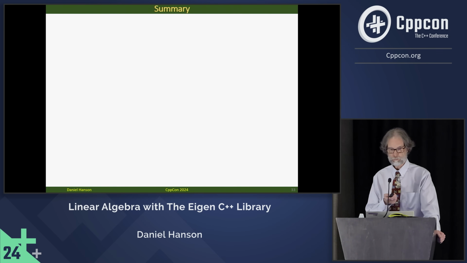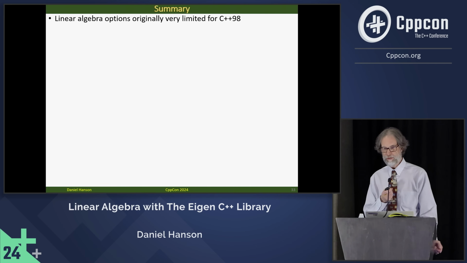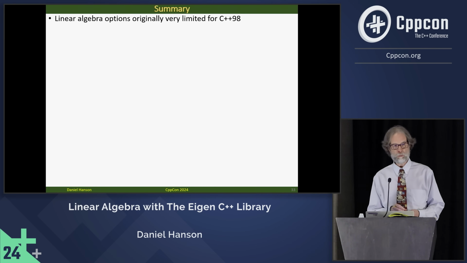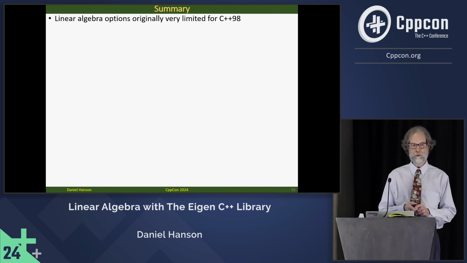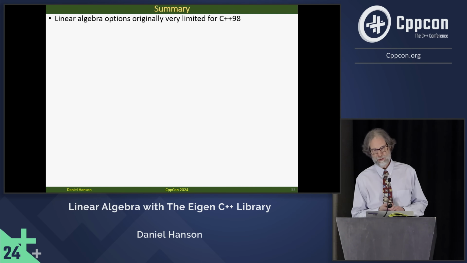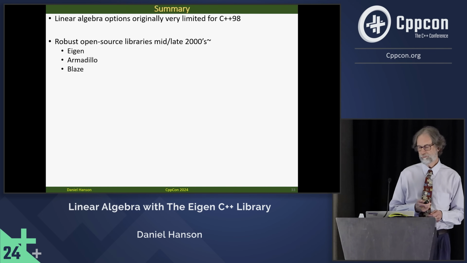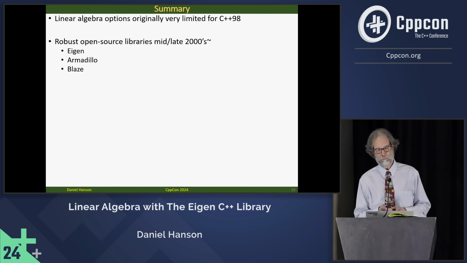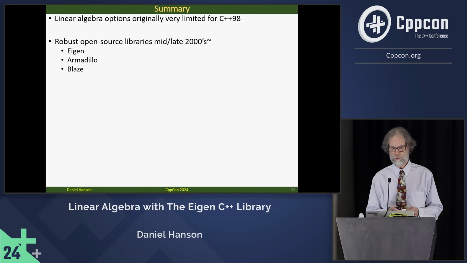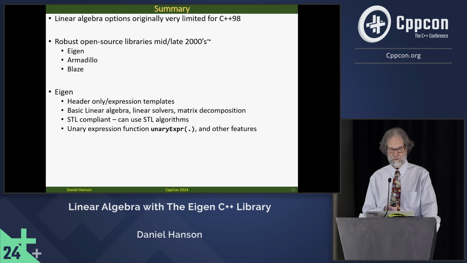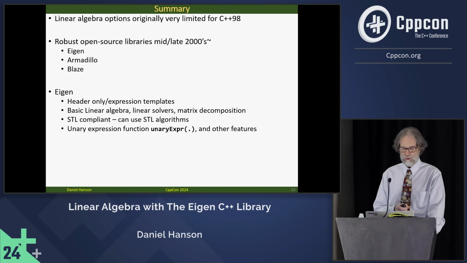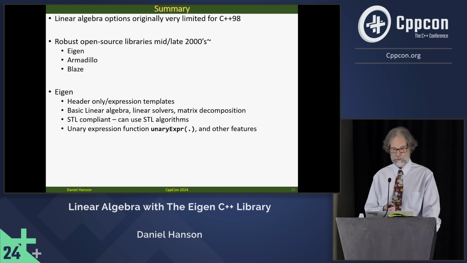Okay, so that brings us to the end. Just to summarize what we've done. We found that linear algebra options originally were very limited for C++98, but as we got into around the mid to late 2000s, we started to see some robust open source linear algebra libraries for C++, and among them were Eigen, Armadillo, and BLAS. Eigen is a header-only library which relies heavily on expression templates.